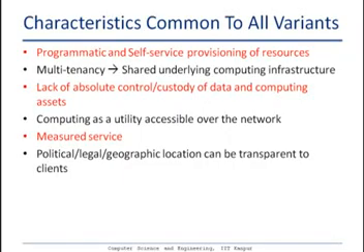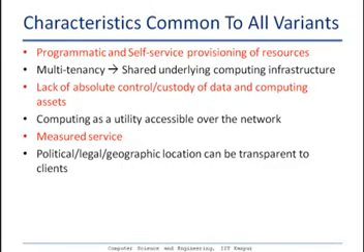For example, on some of the platform as a service such as Google App Engine, as a consumer you do not know or you do not have much control on where your data that you put through your application onto the Google App Engine framework is going to reside in terms of geographic location, etc. You do not have much control or even awareness of that location. So if that is sensitive for your application, then this is going to be a concern for that kind of scenario.